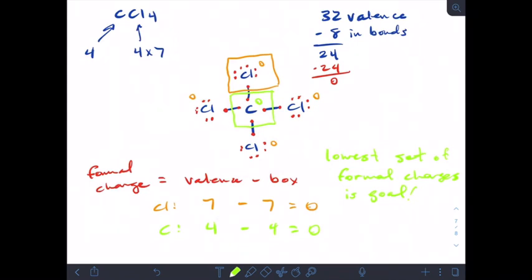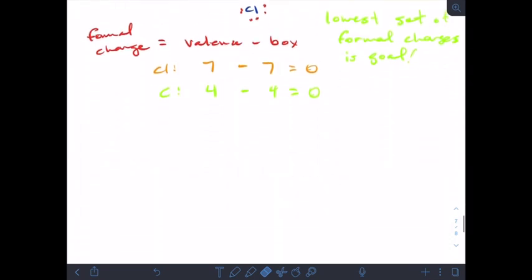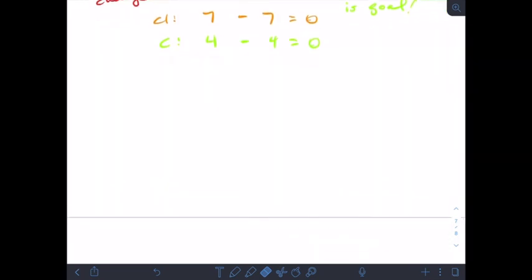But if we can, that is where we want to get to. Okay? So my correct Lewis structure will not have these boxes, and it may not even have the formal charges. Okay? But what we have drawn here is a correct Lewis structure for carbon tetrachloride. Okay? So let's do a couple more examples.